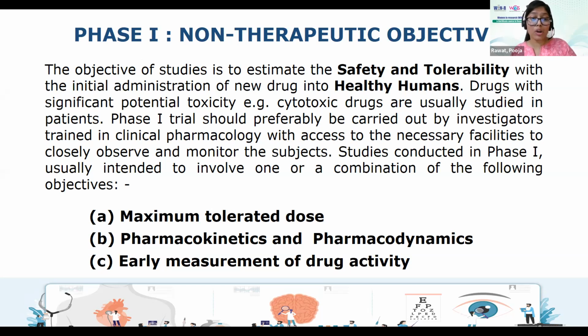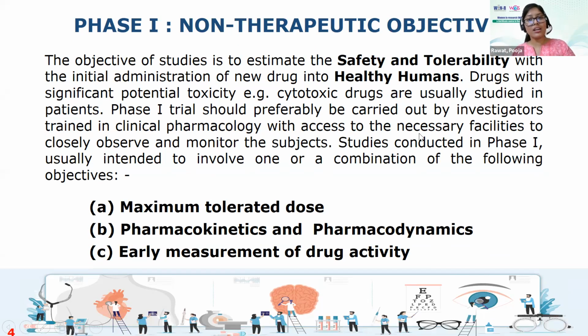As you are seeing in point B, the characterization of drug absorption, distribution, metabolism, excretion. These are the kinds of things which we observe. In a healthy individual, you can easily observe, right? Now your question will be, why do we not check it in an unhealthy individual? Because we don't know. And in healthy individuals also, we are giving a very small dose, not a big dose.